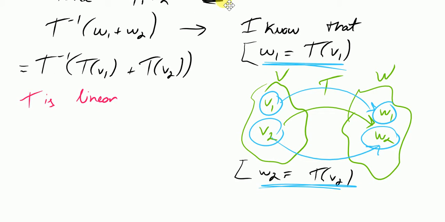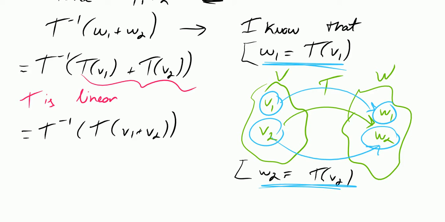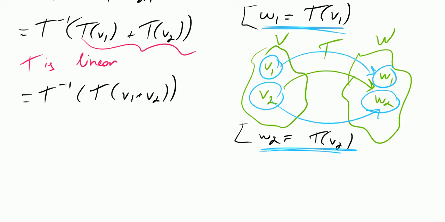So what do we have here? Here we have the result. So we can actually write that backwards and write T inverse of T of V1 plus V2. And I know that if I take the inverse of the inverse, so if I have a function and I take the inverse function of that function, then I'll just get the identity map. In other words, I won't get anything. So that's an important note.